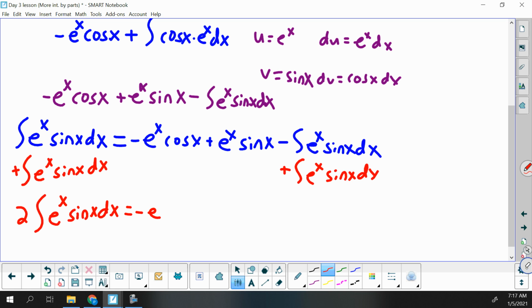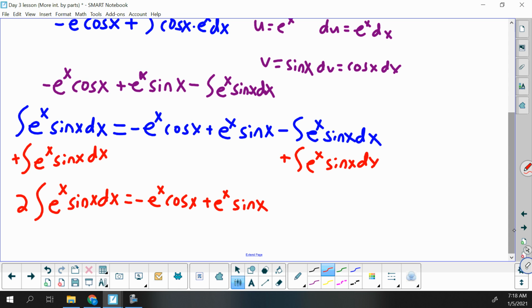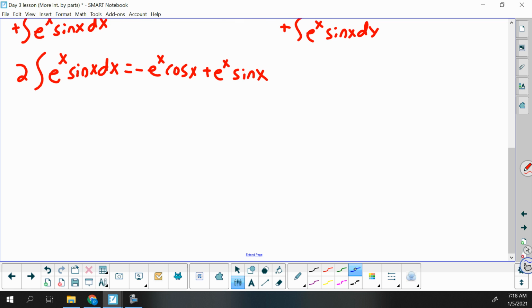We'll carry down all the leftover stuff on the right side. And what the problem really wanted to know is, what is the integral of e to the x sine x dx? Well, just divide the 2 over, and that'll tell us.